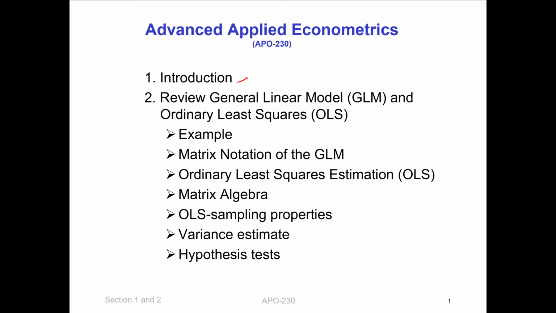And a very famous member of that class is the ordinary least squares, or the OLS, that you hear all the time already, right? Now, within OLS, we take a look at an example, and then from there we go to the matrix notation of it, which is quite different from what you have seen before.